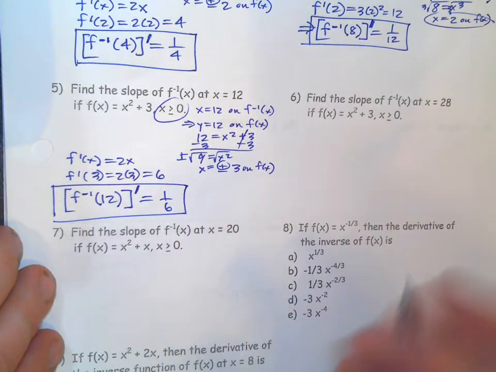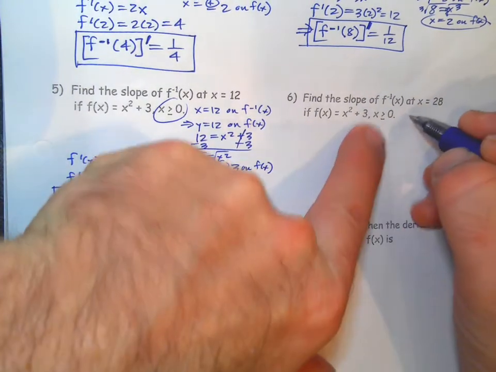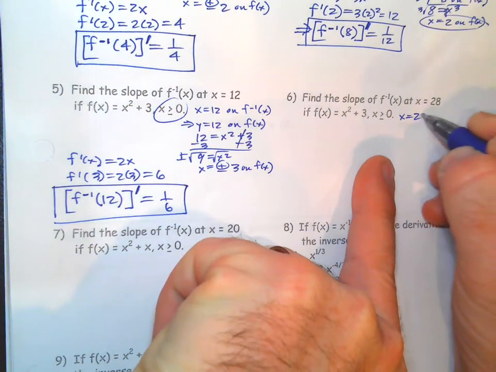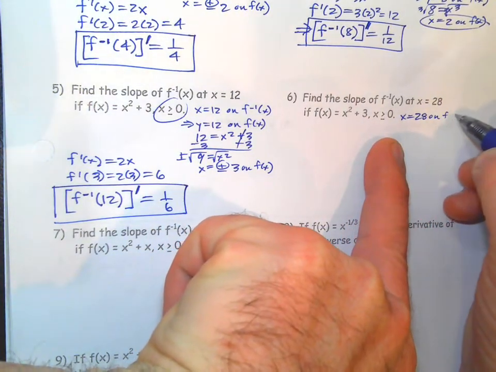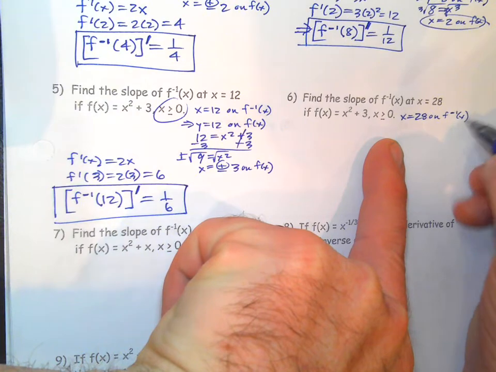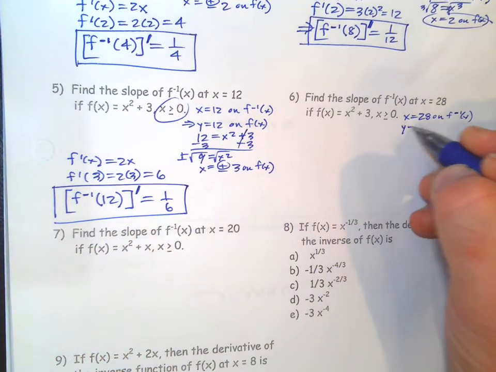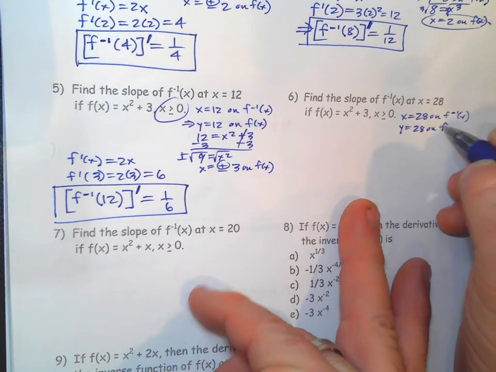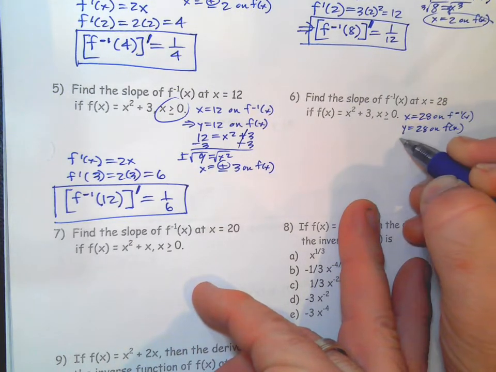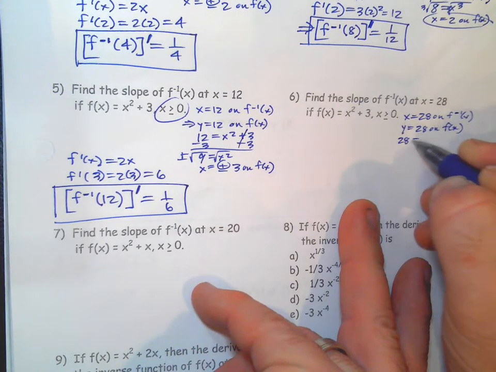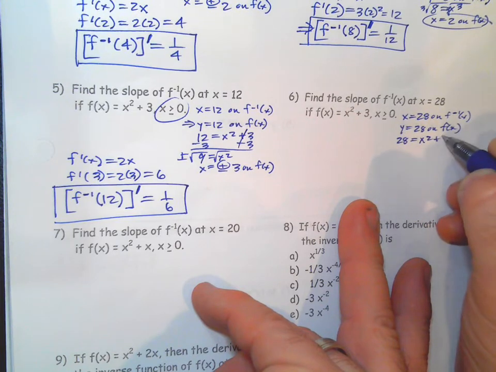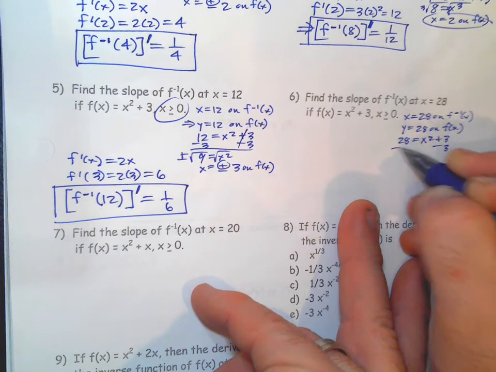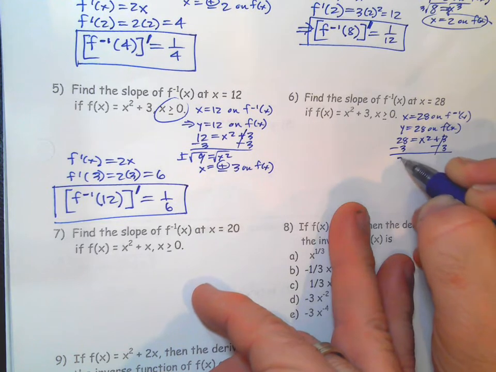Number 6, find the slope of that. So x equals 28 is on the inverse function, which means that y equals 28 is on the original function, which means if we plug 28 in for y in the original function, we should be able to solve for the x on the original function.